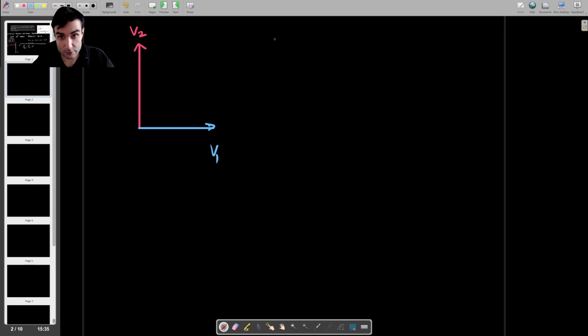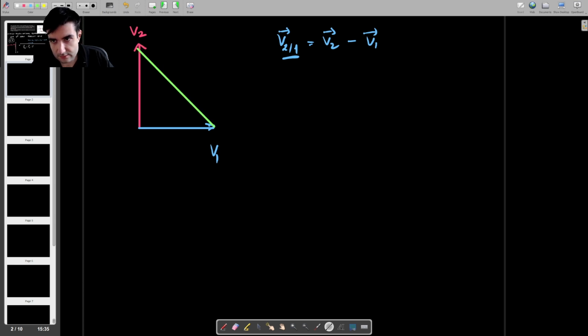And the relative velocity, which we expressed in vector form as v2 minus v1. If you consider v1 and v2 to be vectors, which they are, then the direction of the relative velocity can be easily found using the triangle rule, and it will look like this. This green arrow is the vector that gives us the velocity of particle 2 with respect to particle 1.